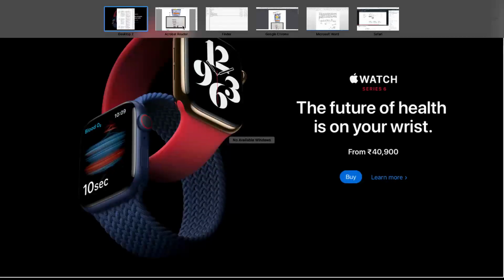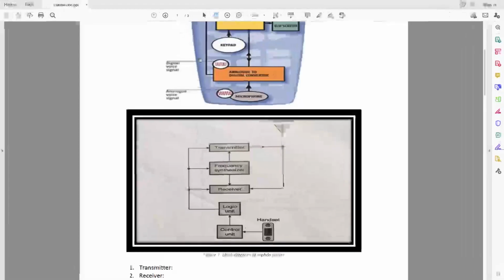In the cordless telephone system we have seen that the base station can communicate with the mobile station with the help of duplex frequency signals, meaning two frequencies are required for successful communication between the base station and the mobile station.